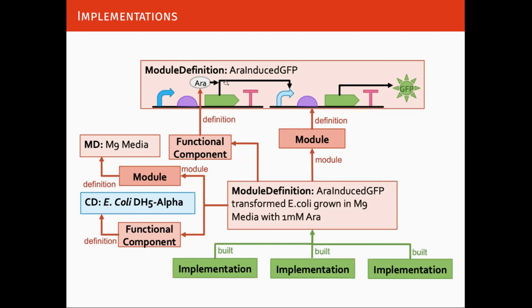This arabinose-induced GFP unit was actually transformed into E. coli and grown within the M9 media. So we have another module definition to represent that the arabinose-induced GFP unit has been put into E. coli and into the M9 media. And then the media itself is another module, and then the E. coli is another component.